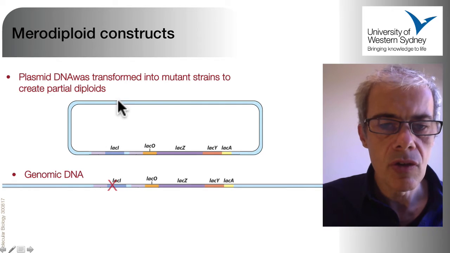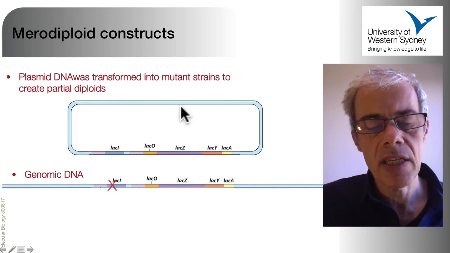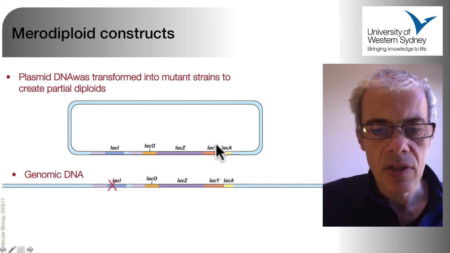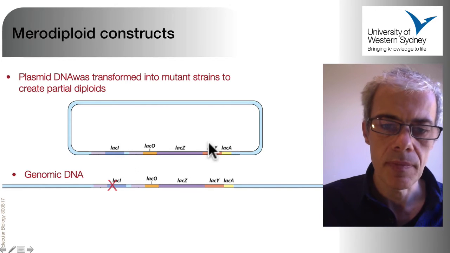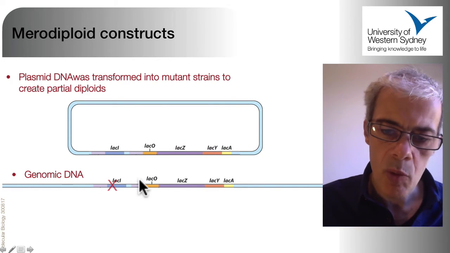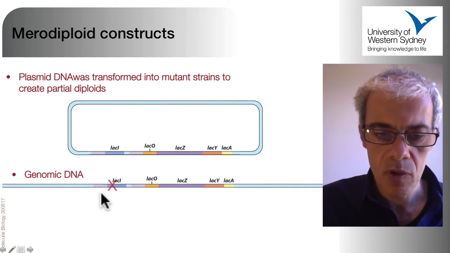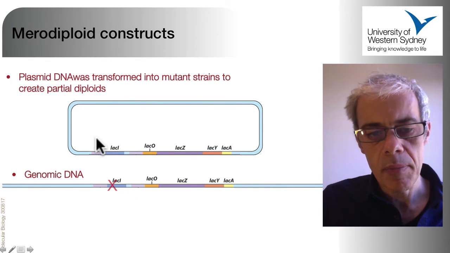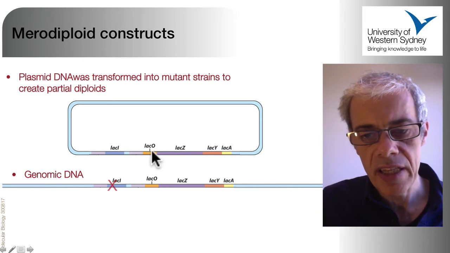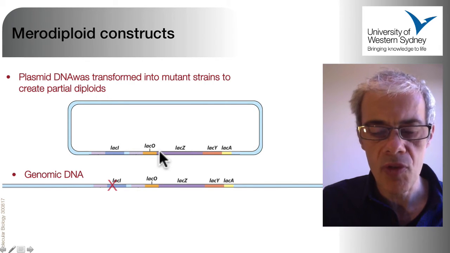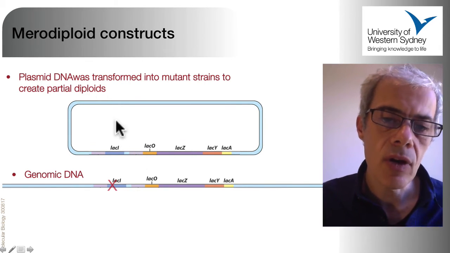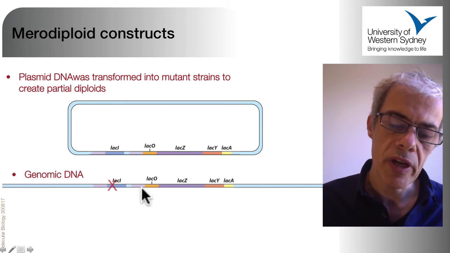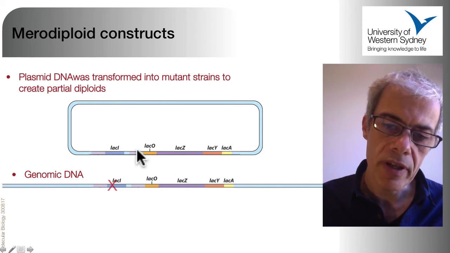They transformed bacteria with a plasmid that contained the Lac Operon. So you've got your genomic copy of the DNA, which I assume contained the mutation, and then they transformed the bacteria with a plasmid containing the wild type copy of the Lac Operon. So then they could have a look at the interplay between the two copies.